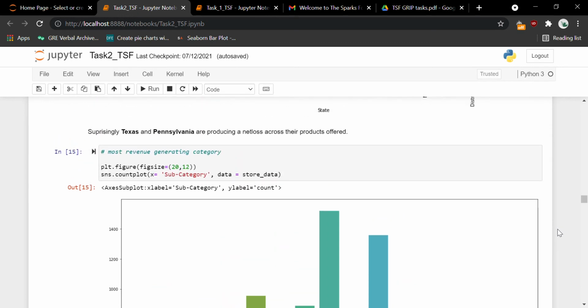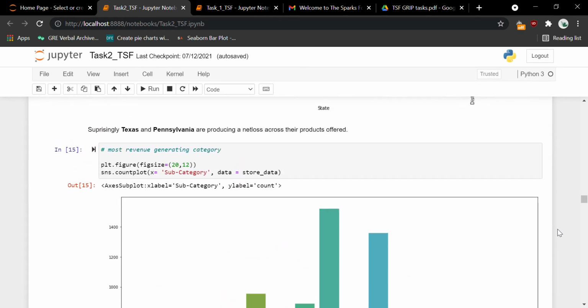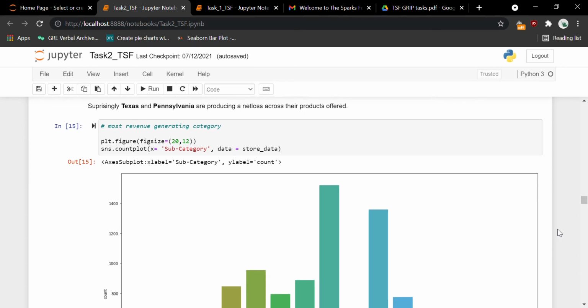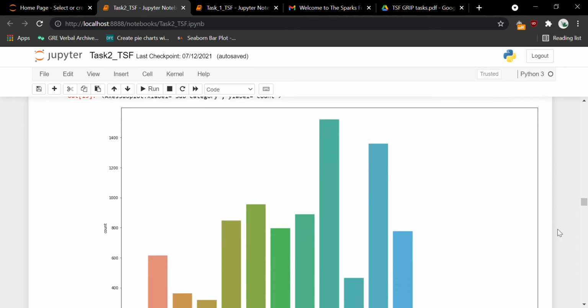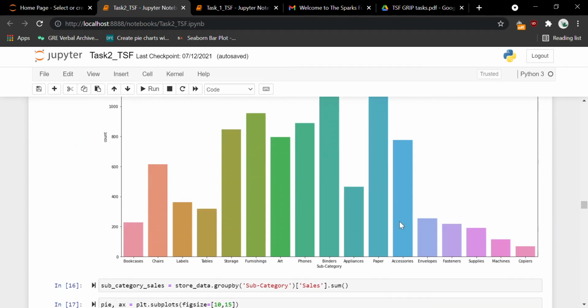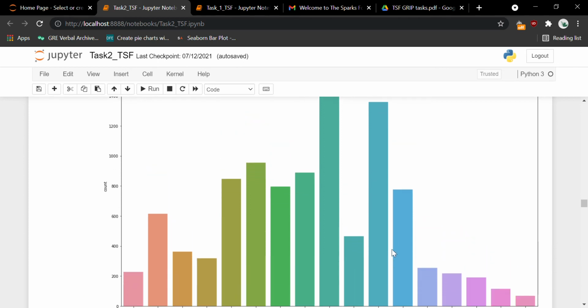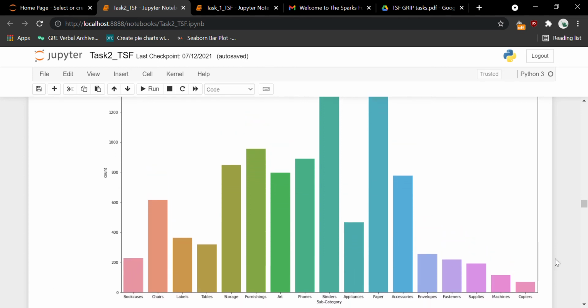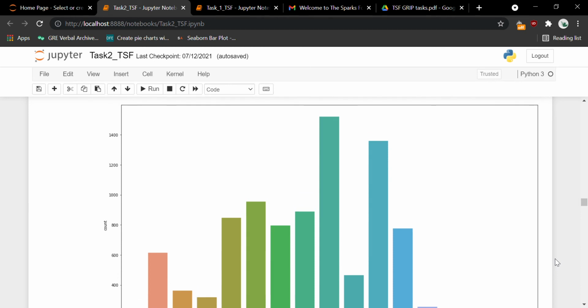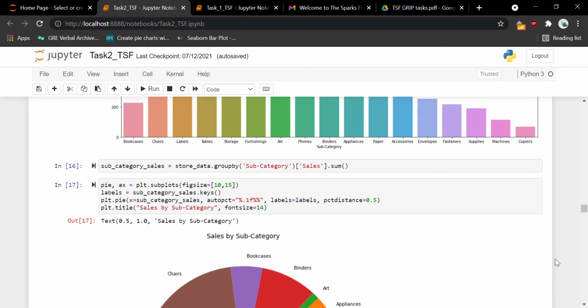So we could also see the subcategories, the number of orders by the subcategories across all the orders, and we see that binders and paper followed by furnishings are the most popular subcategory that is ordered across all the states.